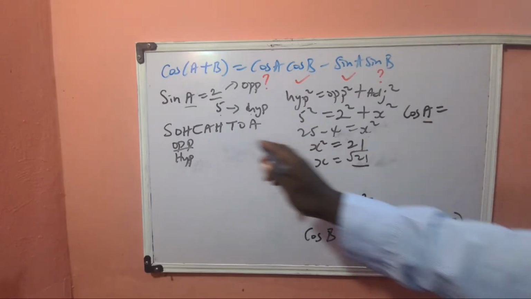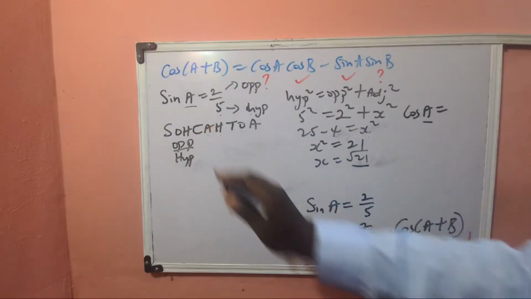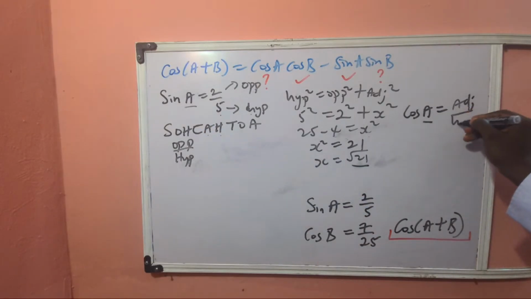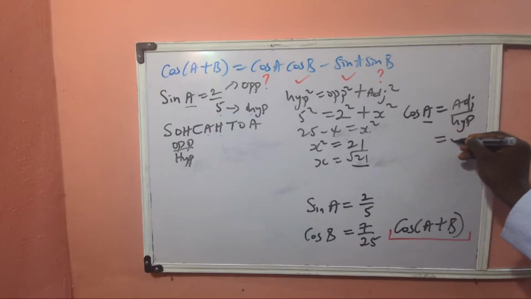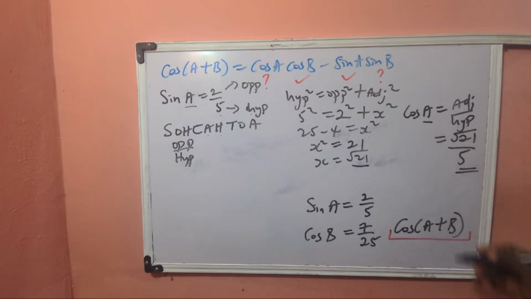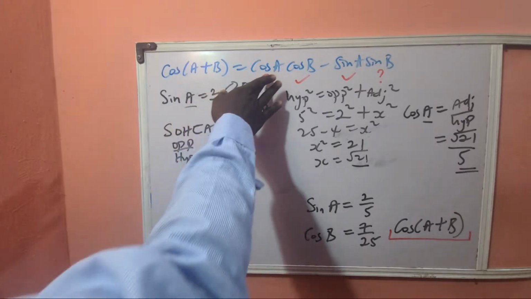So my cos A from here is actually adjacent over hypotenuse. My adjacent is square root of 21. My hypotenuse was 5. So this is my cos A. I hope I'm correct. All right. So I've gotten my cos A. So my cos A is no longer a mystery. This has been gotten.